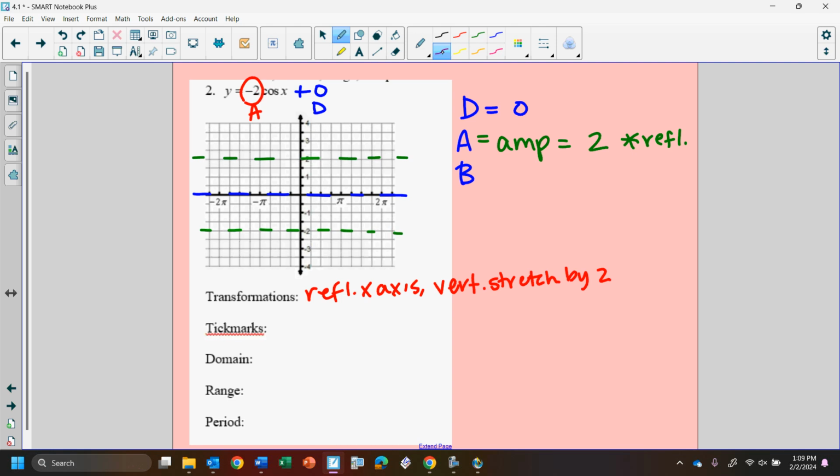All right, last part is the B. The B of DAB is your bookends. Your bookends. The original cosine graph starts at 0 and ends at 2 pi. So those are the original bookends you use, 0 to 2 pi.